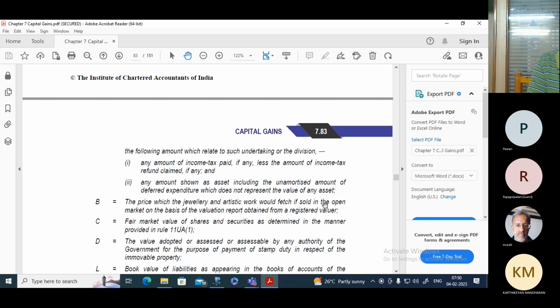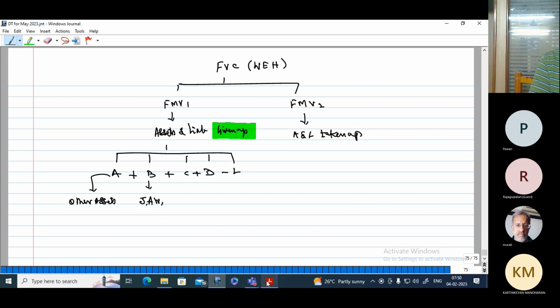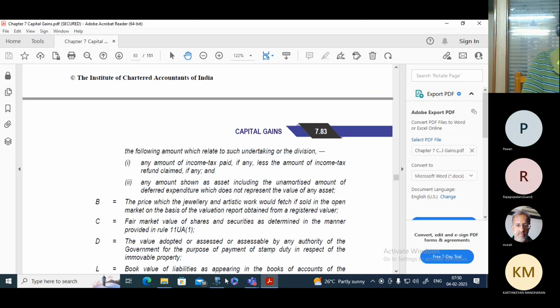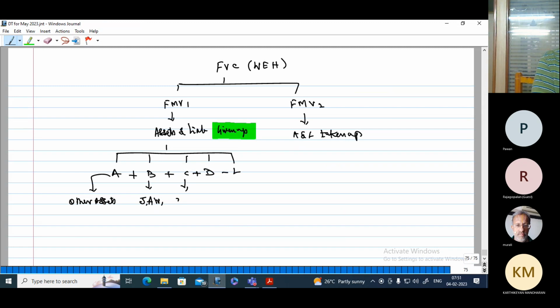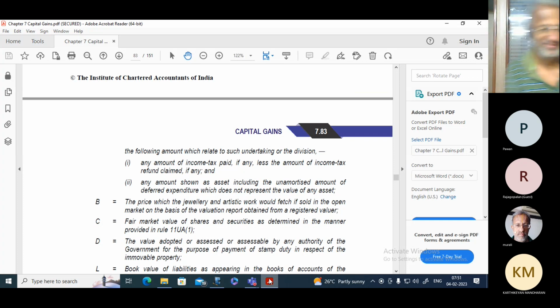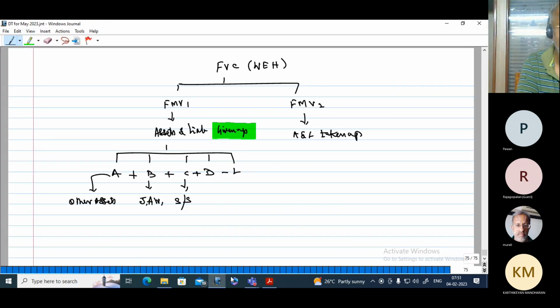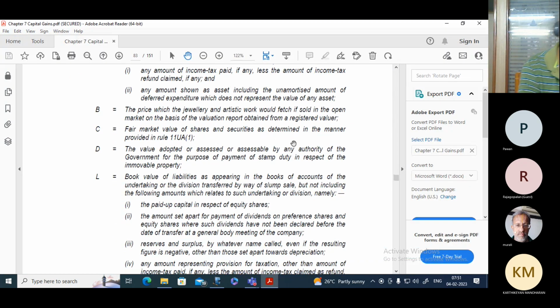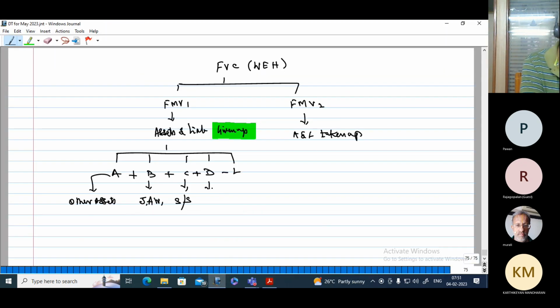Jewelry and artistic work only. C, shares and securities. Next one is stamp duty value of immovable property.